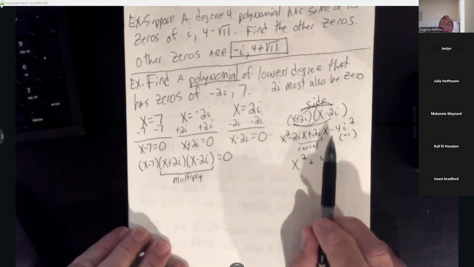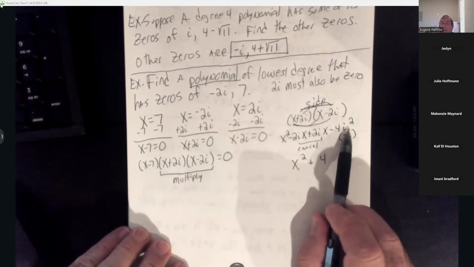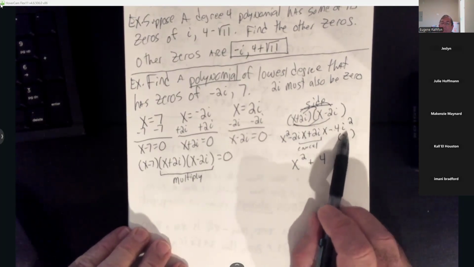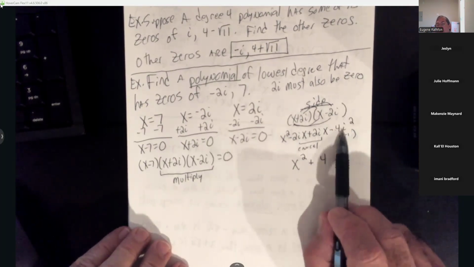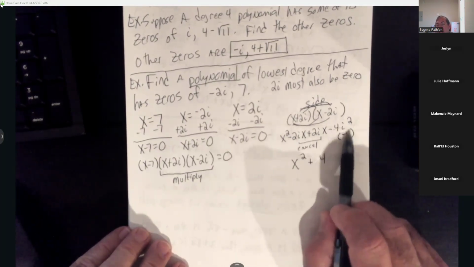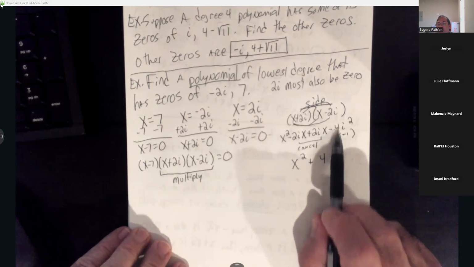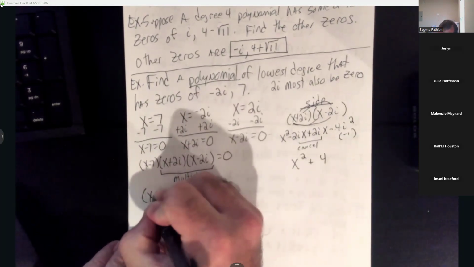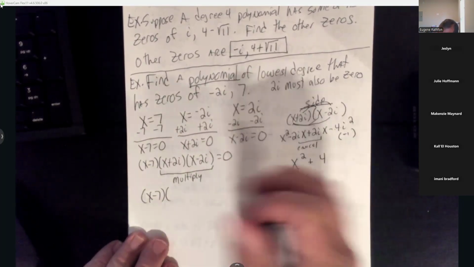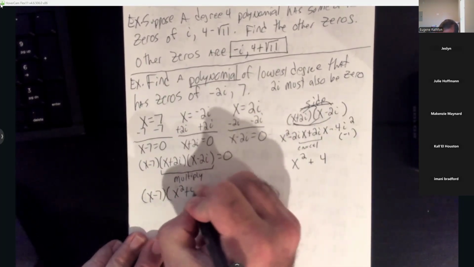So don't take square roots of that. Just change that i squared into a negative 1 and multiply them together. All the i squared does in life is it turns that negative number into a positive. So over here, we got x minus 7 times x squared plus 4.